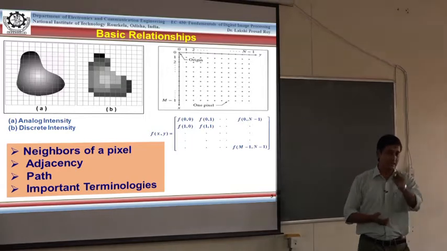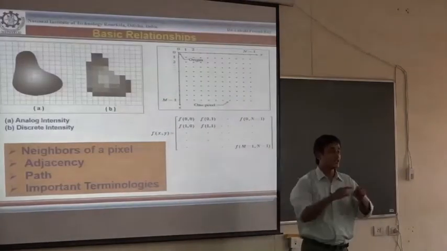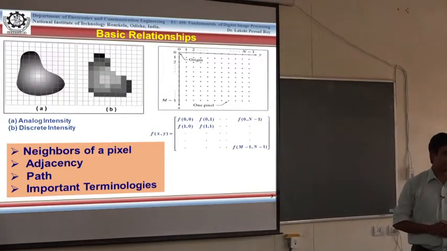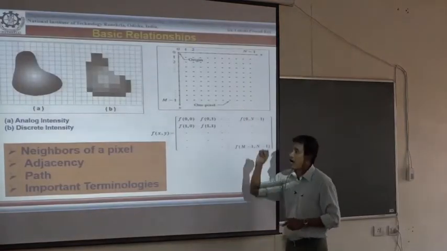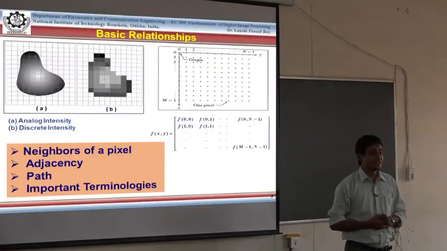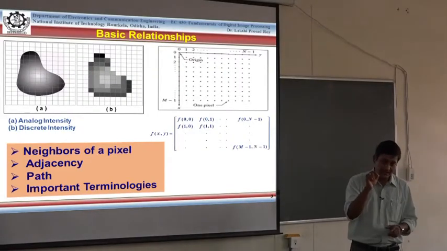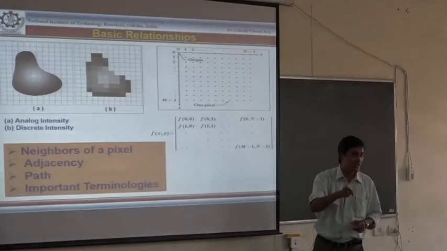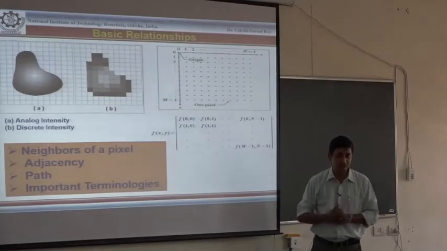From now onwards, what I will speak about are these small points shown here, which are actually the centers of individual squares. If the centers of individual squares represent some intensity values, which we may represent in terms of voltage or current, those are intensity values for individual spatial locations, the centers of individual squares, and they will have some intensity value.